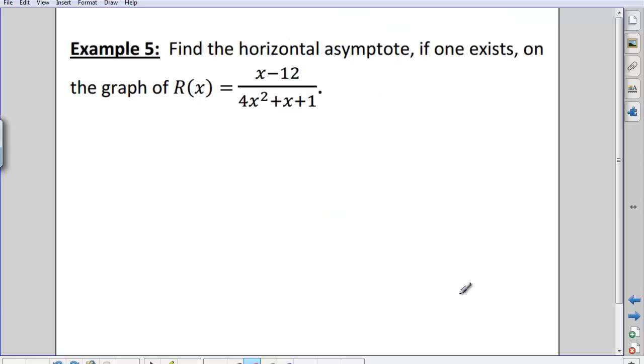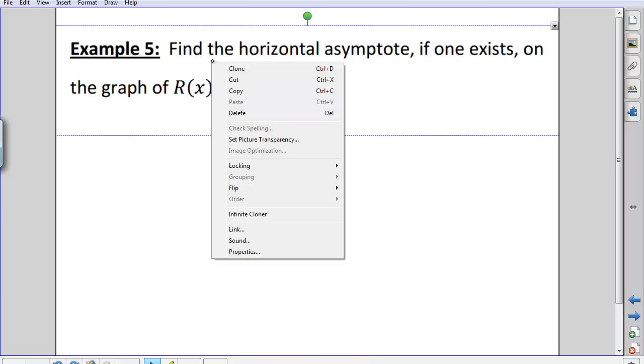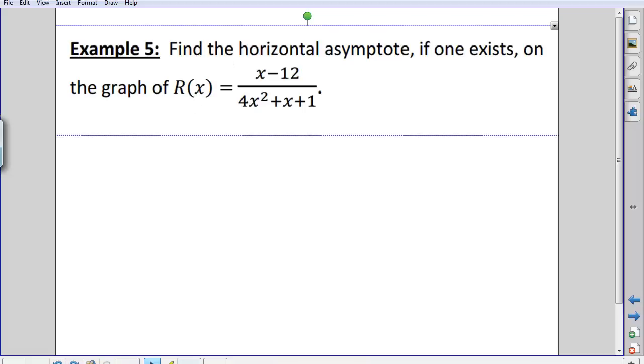Example 5 here says find the horizontal asymptote on the graph of this rational function, x minus 12 over 4x squared plus x plus 1. For that, again, we first decide if this thing is proper or improper. The numerator's degree is 1.